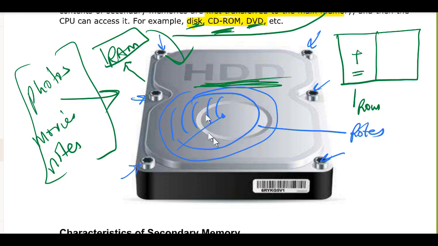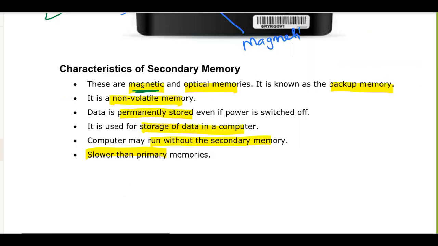There are tracks that go around, so some data is stored here, others here, others somewhere else. It rotates, accesses these tracks, and is able to fetch the data stored there. This magnetic disk is a bit slower than solid state.